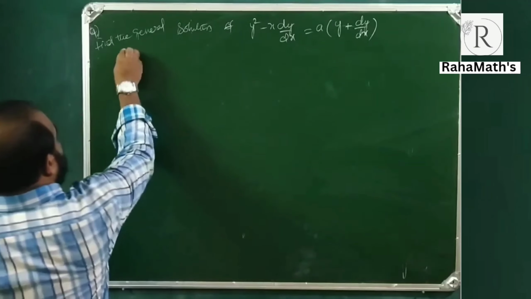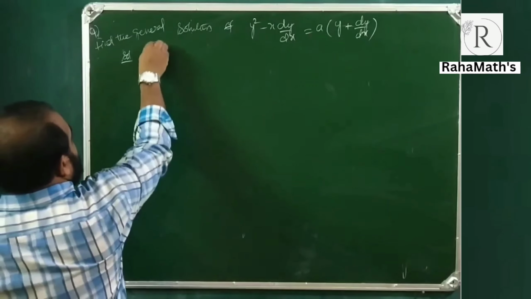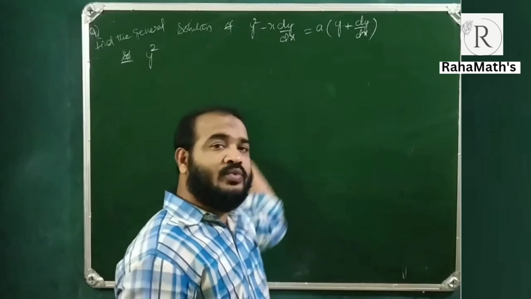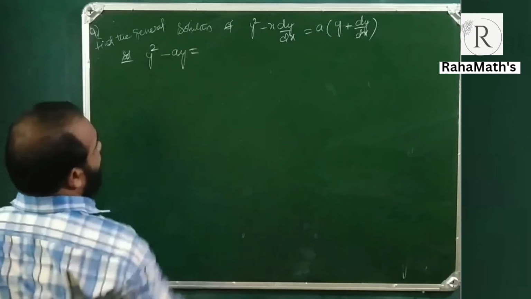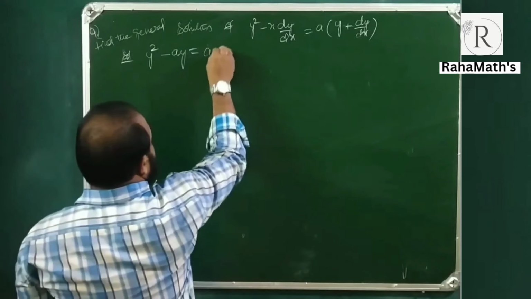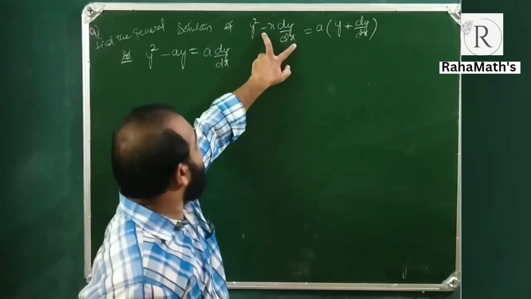So this is y square. This is a into y plus a dy by dx, that is ay plus a dy by dx. If you transpose onto another side, minus ay is equal to a into dy by dx. This is minus x dy by dx.